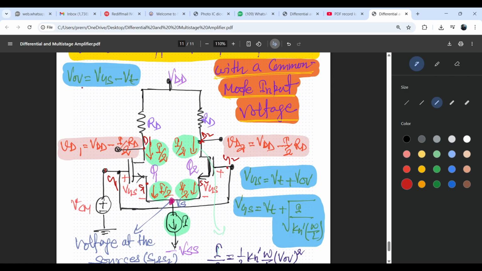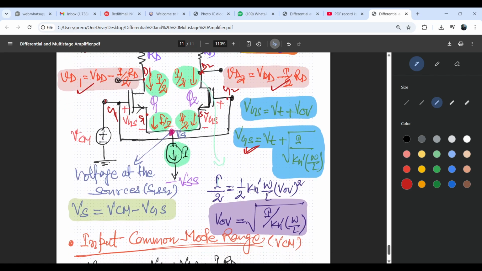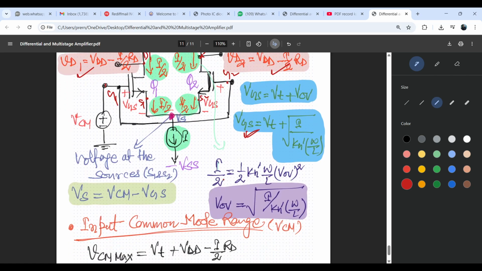This one is our overdrive voltage VOV, which is VGS minus VT, and VD2 is simply VDD minus I by 2 RD, the same as VD1. If both are in saturation, we can find VGS equals VT plus VOV. This can be easily derived from the saturation current I by 2. And the source voltage Vs will be simply VCM minus VGS.